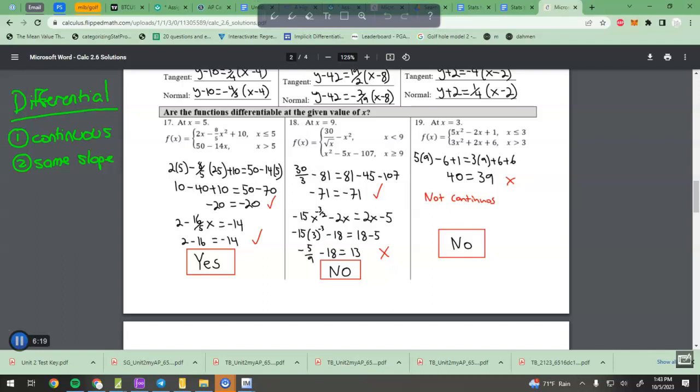If you just looked at the slopes, you could have something like this, because those slopes are the same, but that's not continuous, so you don't have a nice smooth line there, and you can't take the derivative there. So it has to be continuous. This is not continuous, right? It has to be continuous and have the same slope. That's what I'm saying.